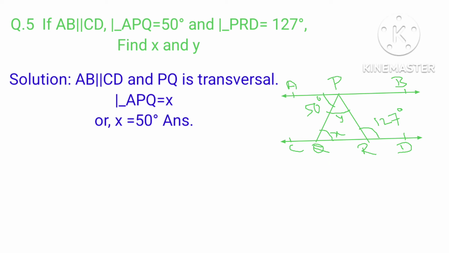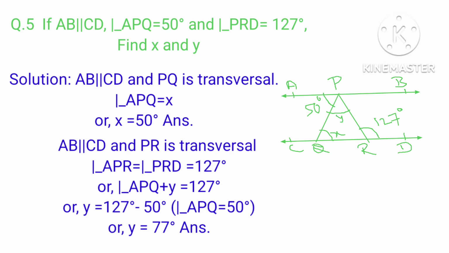AB parallel to CD and PQ is transversal, so angle APQ is equal to x, alternate interior angles, or x is equal to 50 degree, because angle APQ is equal to 50 degree given. So angle x is equal to 50 degree. Answer.